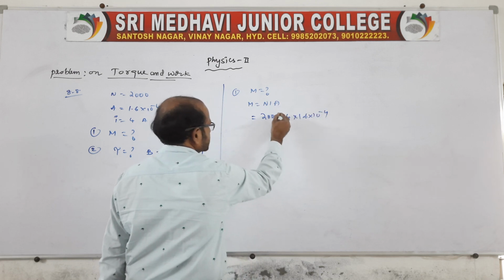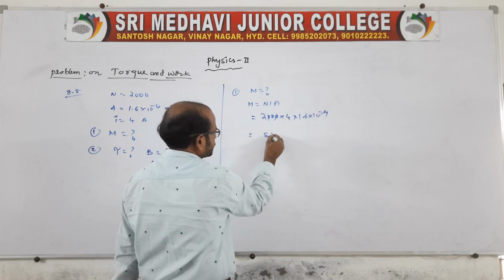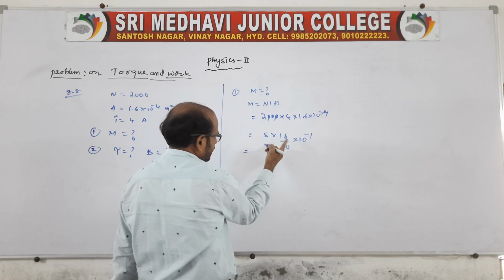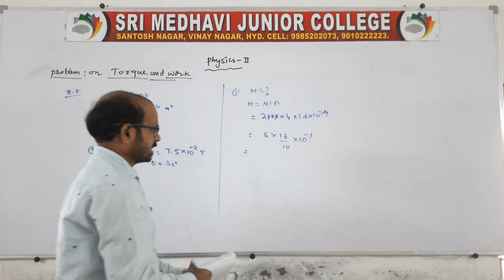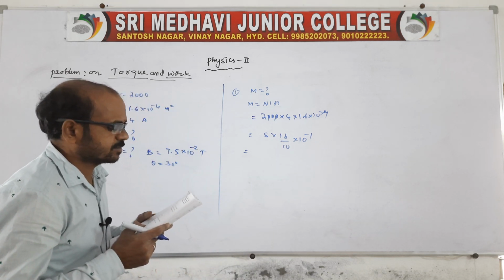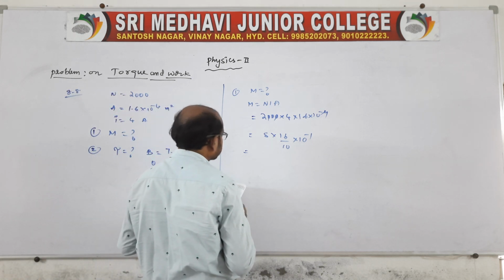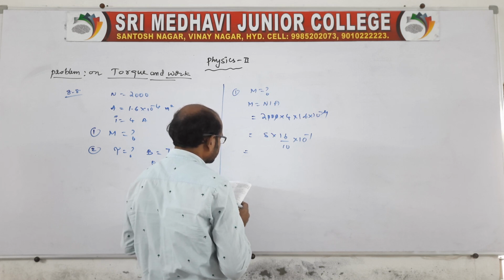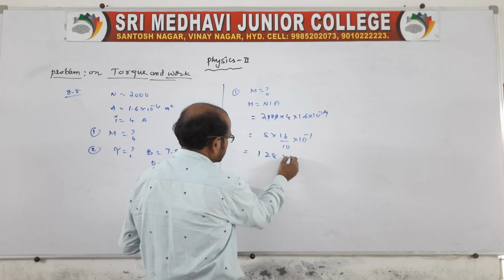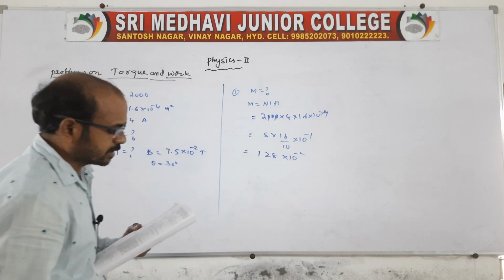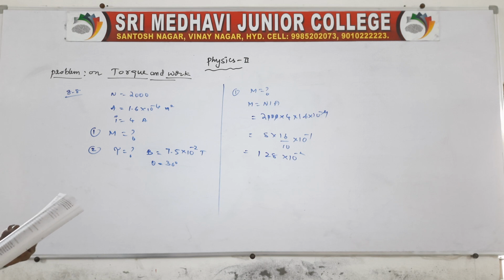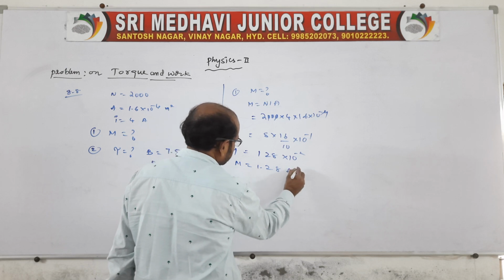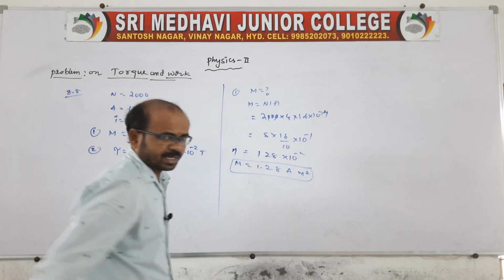Three zeros are cancelled. 8 into 16 by 10 into 10 power minus 1, so it may be 128 into 10 power minus 2. Magnetic moment capital M is equal to 1.28 ampere meter square. This is about the magnetic moment.